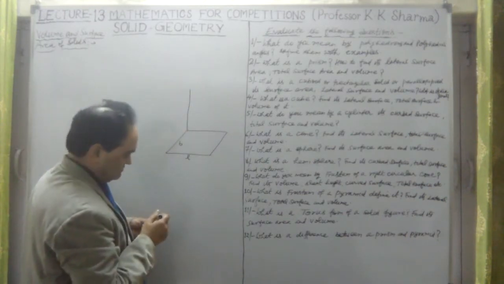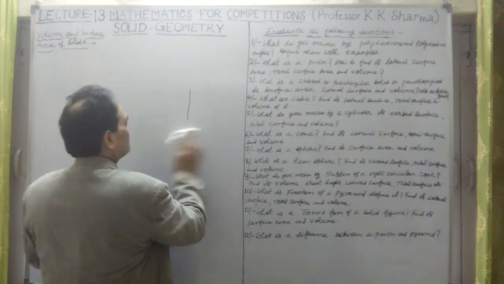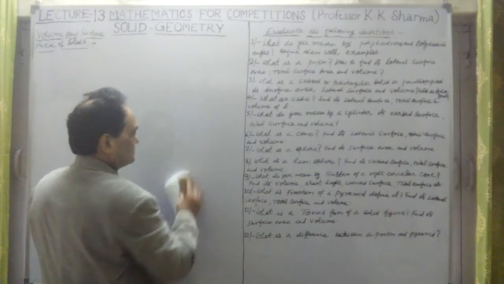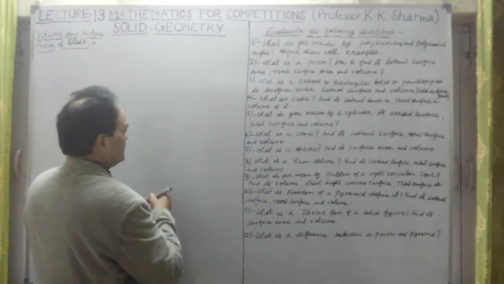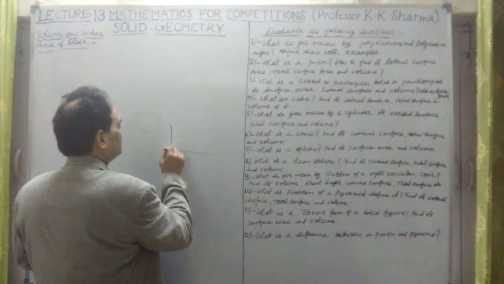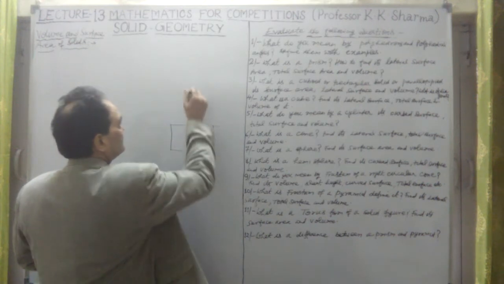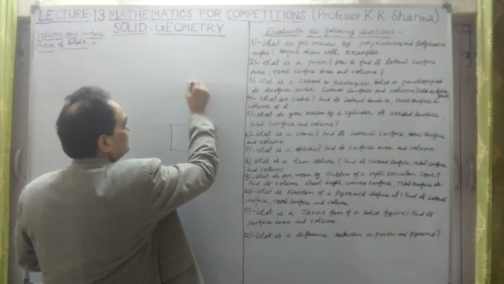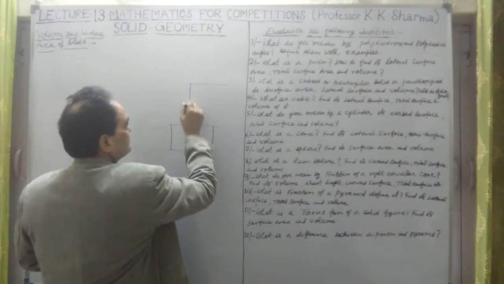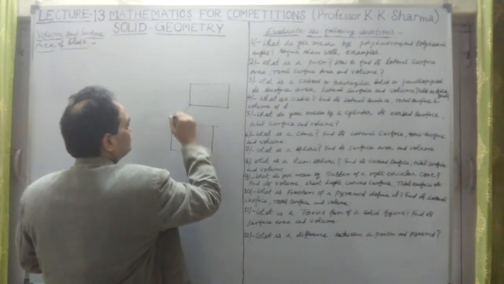Or let me take it in this way, not in this way. Let me take a rectangular shape, and here also let me join. This is a cuboid shape. Or join them.